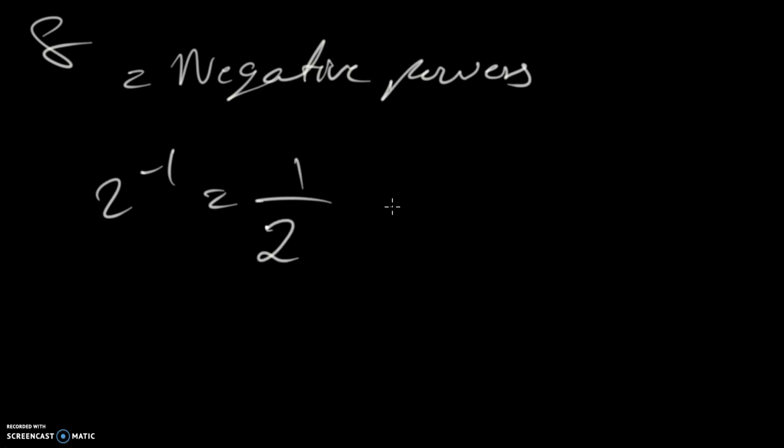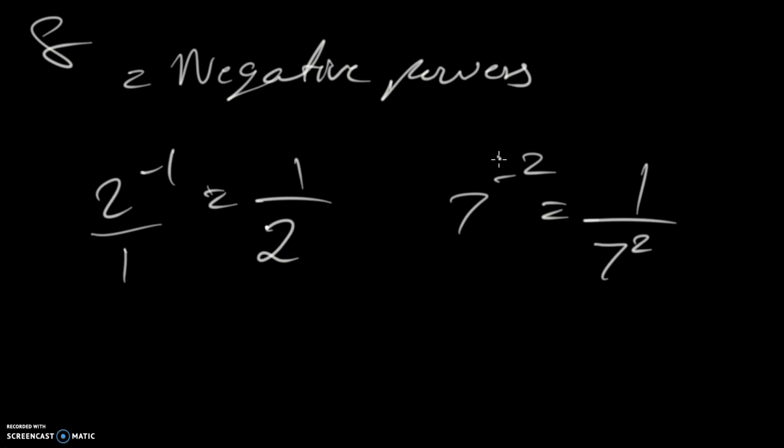So 2 to the power of minus 1 would just be the 2 flipped into the denominator, turned into a fraction, so 1 over 2. Let's say we have 7 to the power of minus 2. This would turn into 1 over 7 squared, because we got rid of the negative power and turned it into a positive power, but flipped it. So this would be 1 over 49.